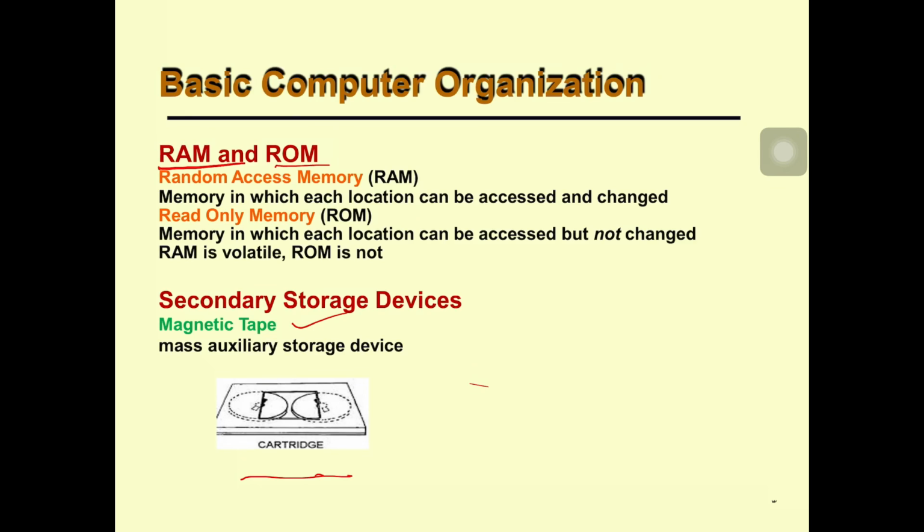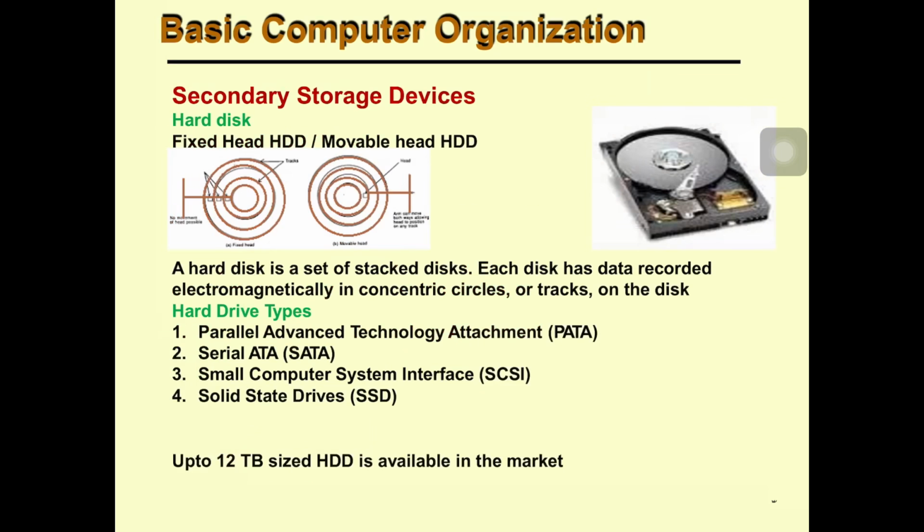For example, with cassettes, if we want to listen to a song, we have to pass the songs previous to it, and if we want to listen to the song again, we have to rewind. This type of working is known as sequential access. So in the magnetic tape there was sequential access, and the data was stored in the form of electromagnetic signals.